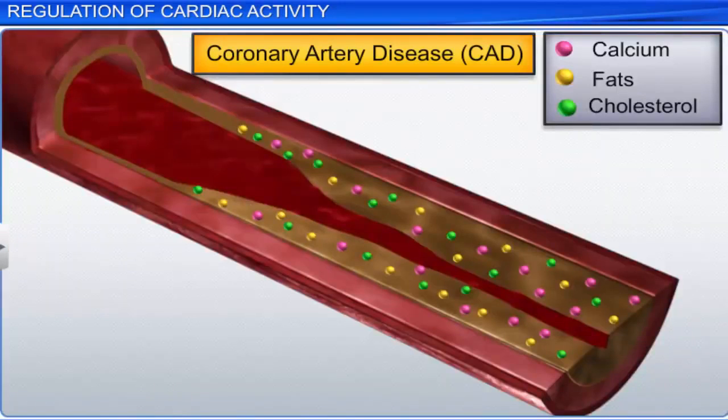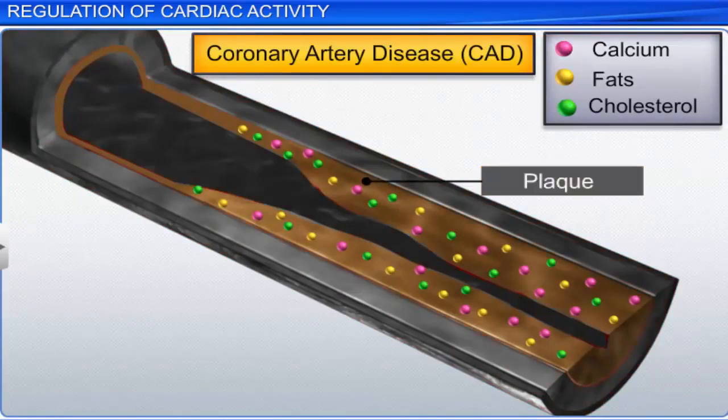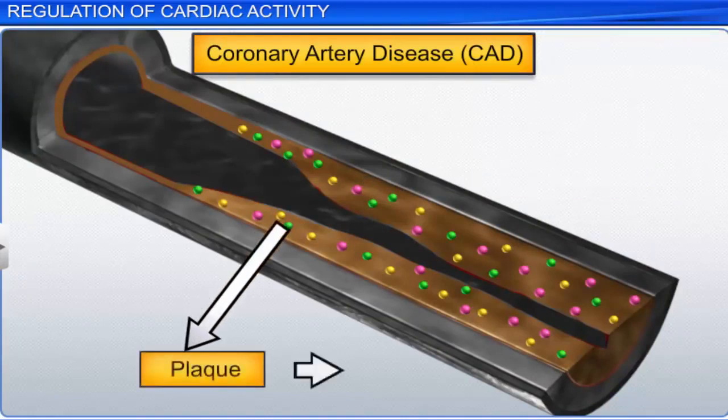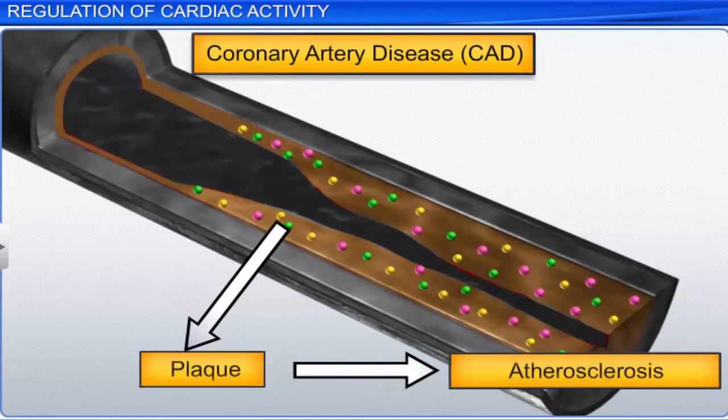Calcium, fats and cholesterol together accumulate and form plaque in the coronary artery and reduce or obstruct the blood supply to the heart. This accumulation of plaque is called atherosclerosis.